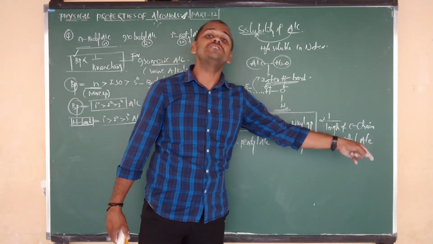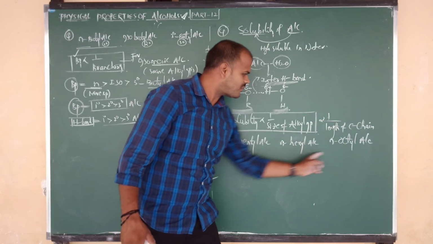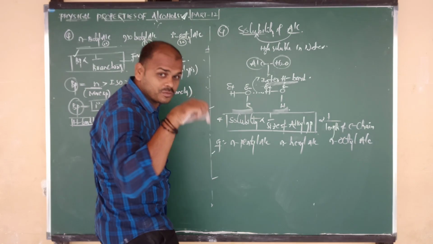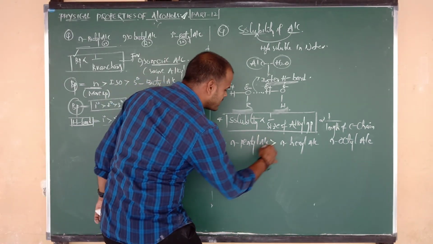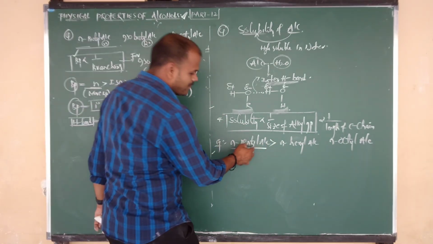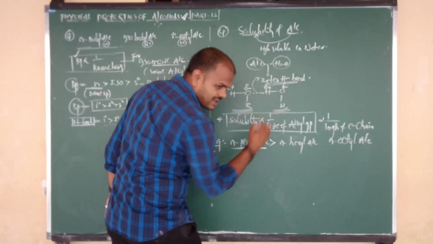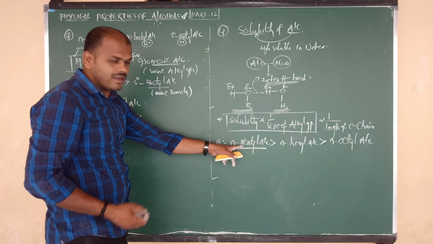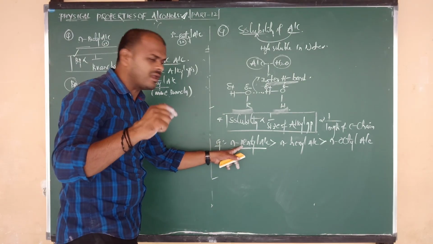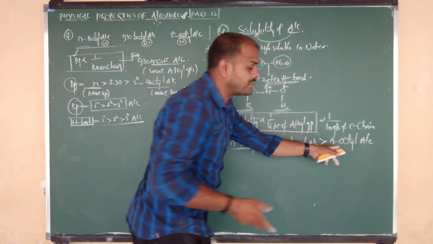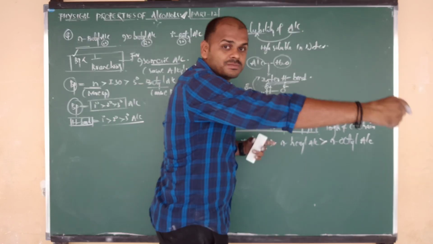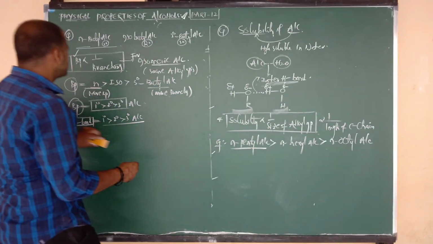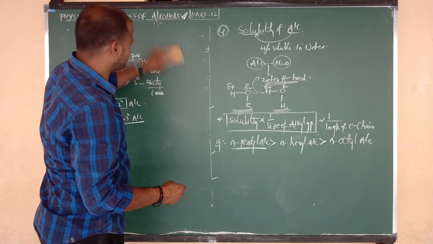As the length of the carbon chain increases, automatically their solubility decreases. So which contains more solubility? N-pentyl alcohol, because of the small size or less length of carbon chain. If the length of the carbon chain is more or the side chain is more, then solubility decreases.